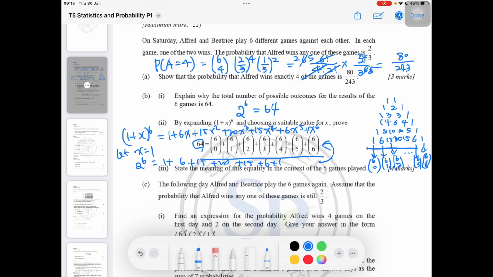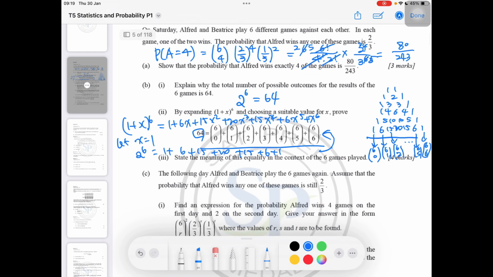So this is equivalent. State the meaning of this equality in the context of the 6 games played. So each of the games, all possible outcomes, the number of outcomes is 64.